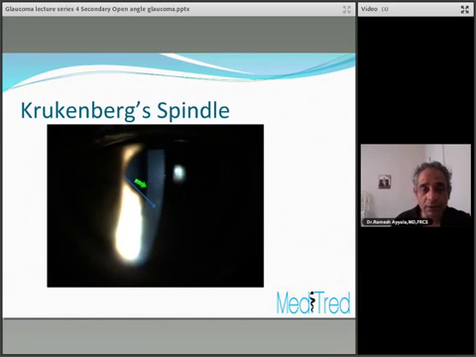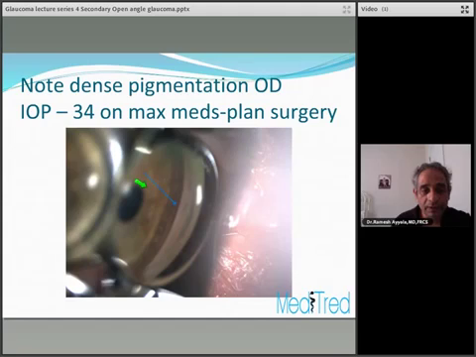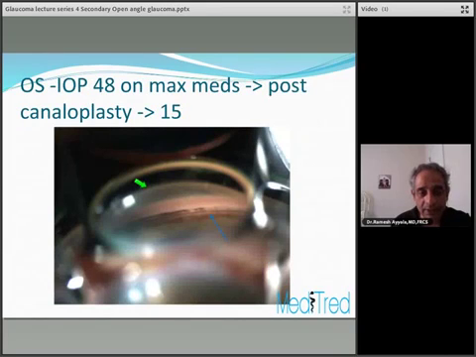Here is the Krukenberg spindle in this particular patient. You will notice dense pigmentation in the angle. In the right eye, pressures were 34 on max medications, and we plan to perform surgery in this eye in the near future. Here is the left eye that presented with pressures of 48 on max medications.